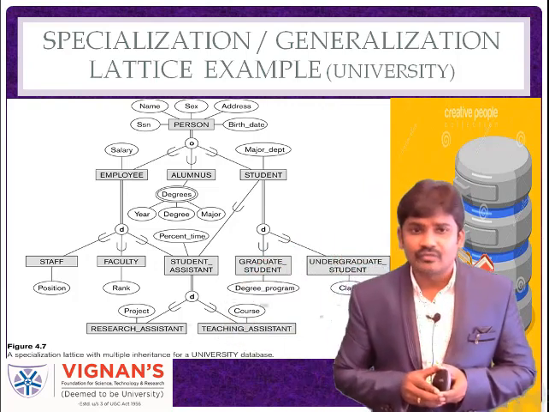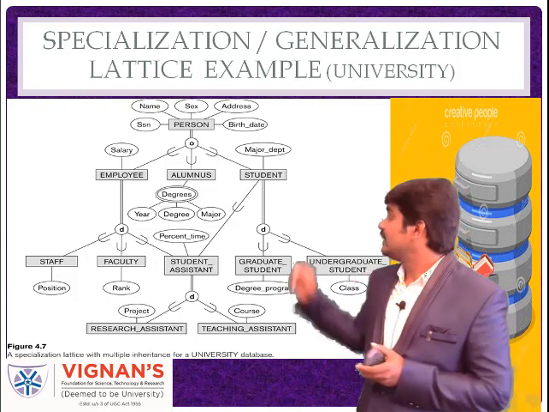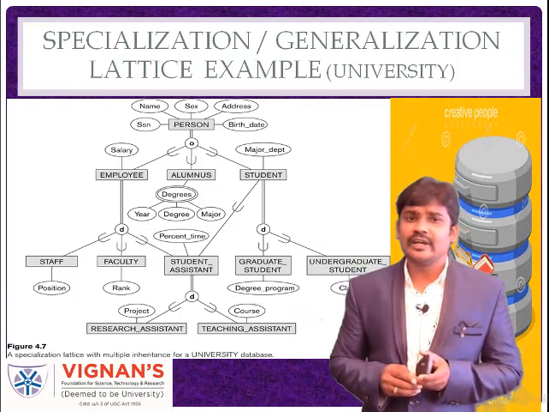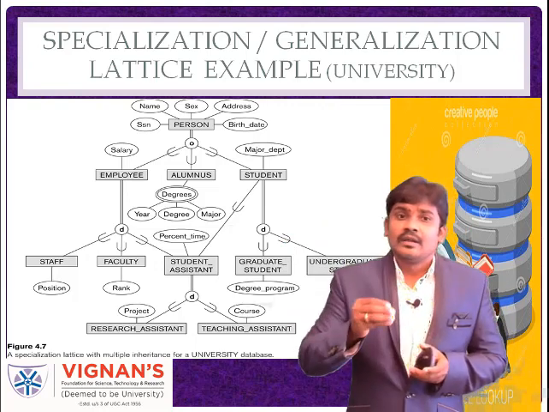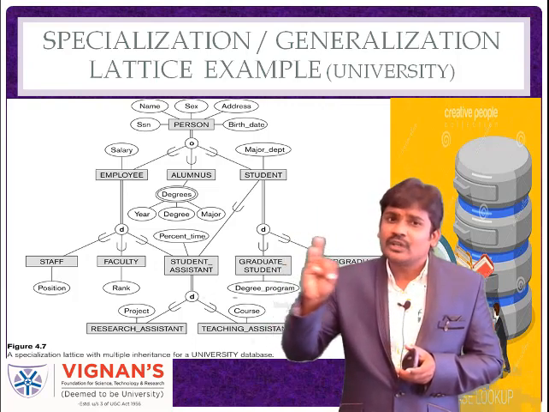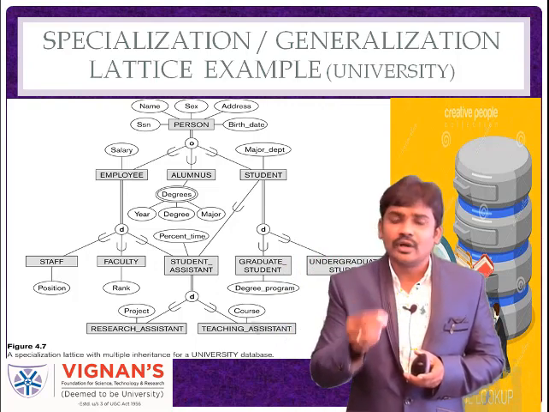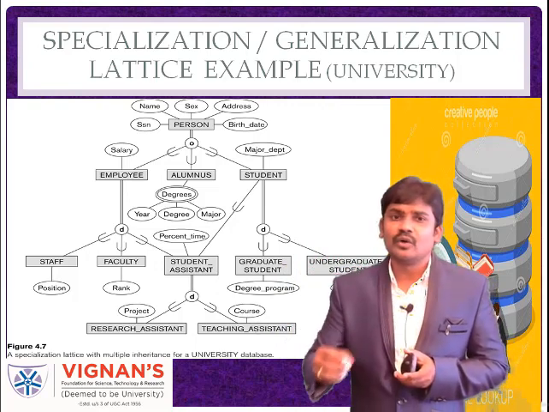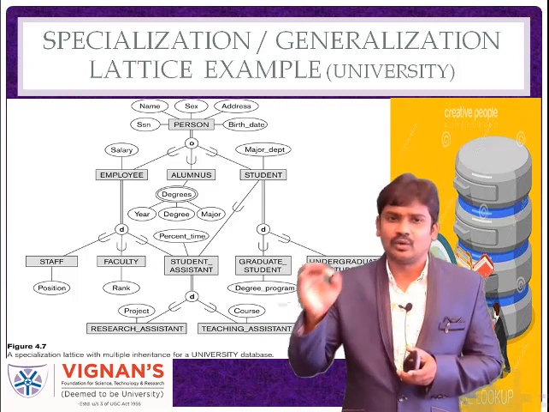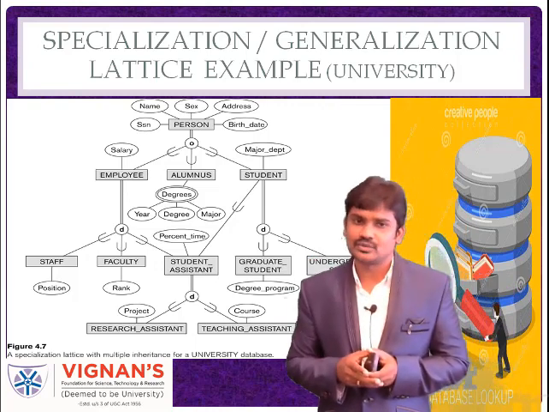One is staff, faculty, and student assistant, with disjoint total. Disjoint total means staff, faculty, and student assistant all belong to an employee, and no person is in more than one. So that is called disjoint total. These subclasses have their specific attributes.